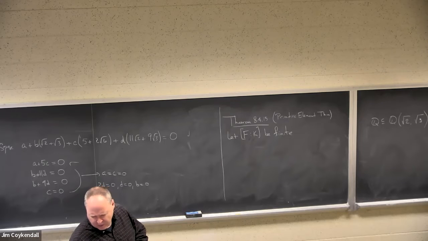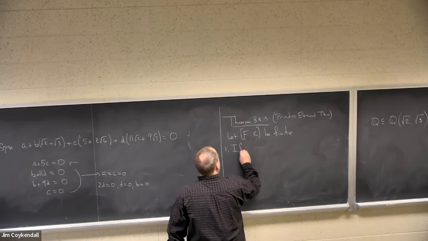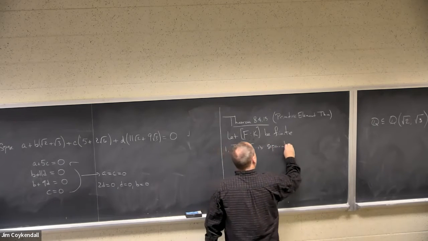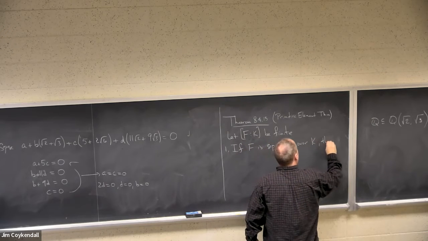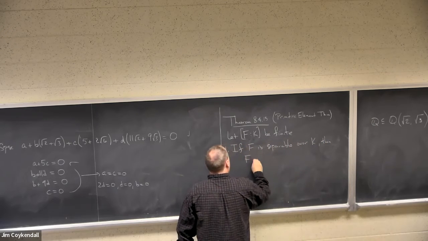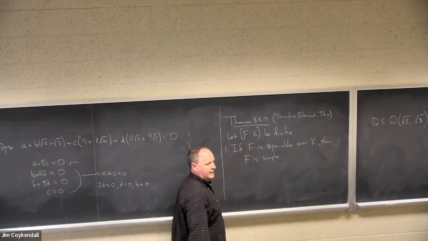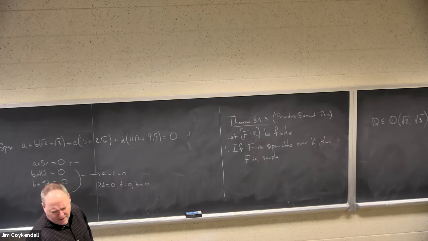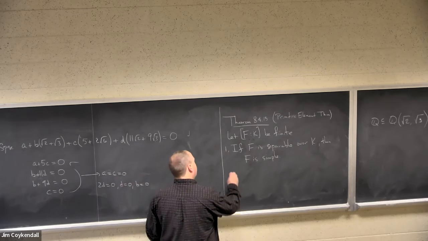If F is separable over K, then F is a simple extension. F is a simple extension if and only if there are only finitely many intermediate extensions.